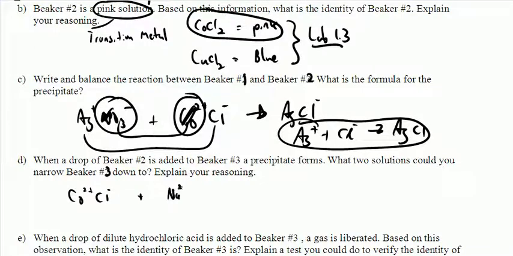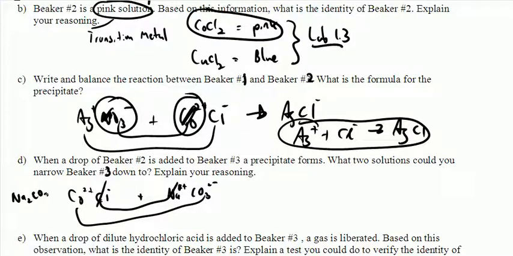So Na+, CO3 2-. So that swaps. This can't be the precipitate, but CoCO3 can be the precipitate. So it could be Na2CO3. That's one option.